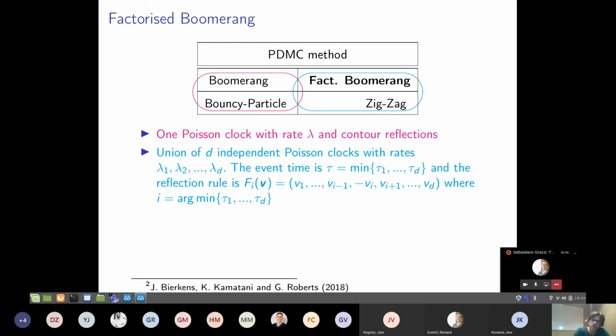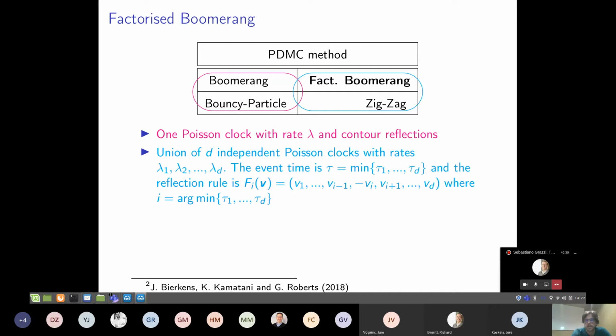If we instead look at the columns of the table, we have on the left the Boomerang and the bouncy particle sampler. As I explained, they are characterized by one Poisson clock, which determines the reflection and has rate lambda. At reflection, we reflect with a contour reflection. While in the second column, we have what we call the factorized samplers, which are characterized by D independent Poisson clocks with rates lambda 1, lambda 2, up to lambda d.